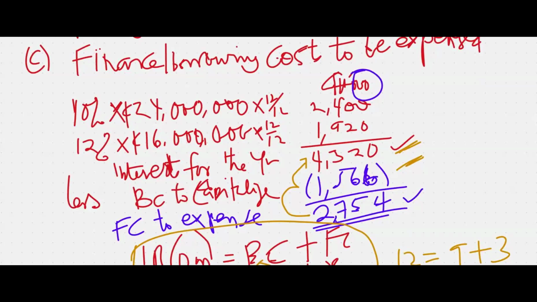Then 12% times 60 million times 12 over 12, because I'm calculating the interest for the whole year, that's the 12 months. So we got 4,320,000, which is the interest for the year.